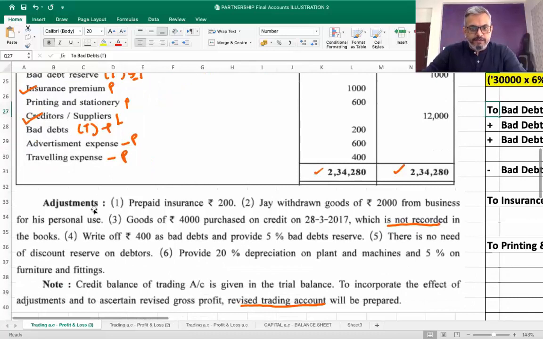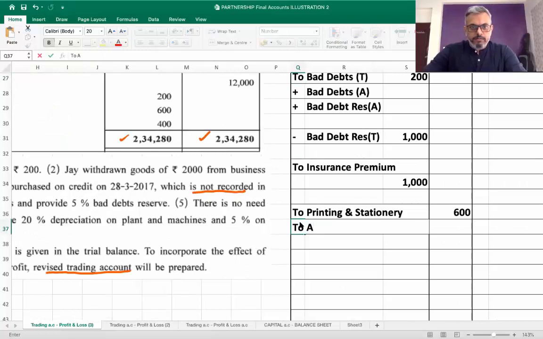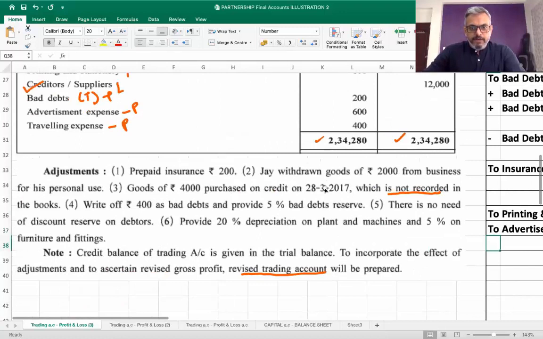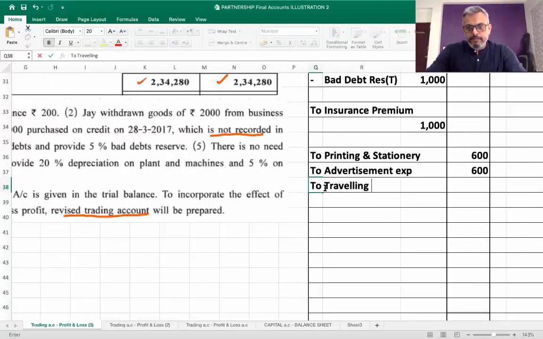Advertisement expense 600 to advertisement expense 600. Traveling expense 400. Profit and loss to traveling expense 400.